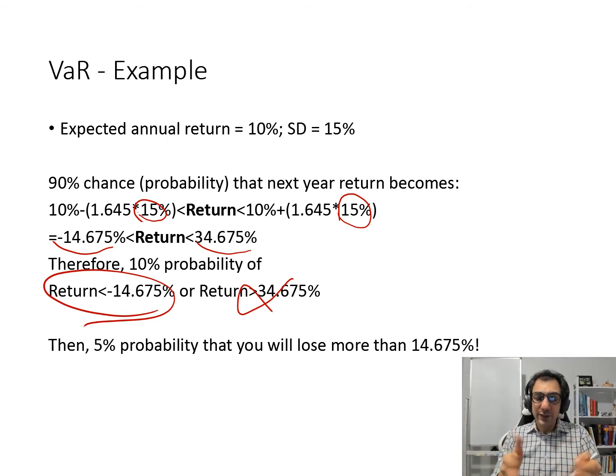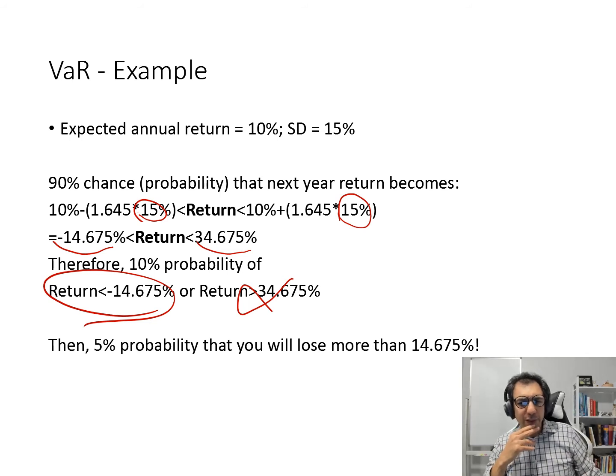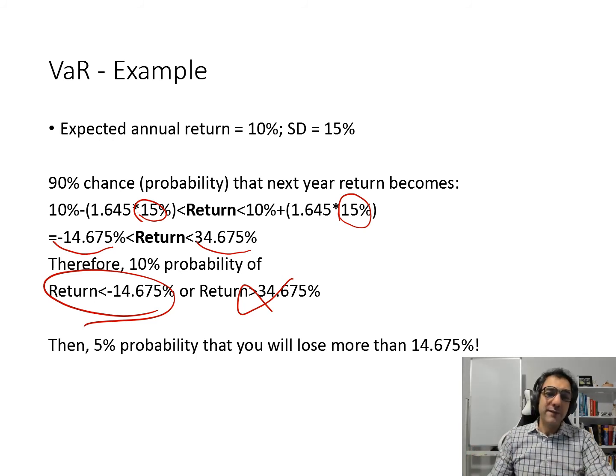That's the type of investment where you can say, oh, 5% probably I will lose more than 14%. Maybe say, that's not huge, so I'm going with that investment. Or maybe for some investors, that's too huge and they want to avoid this kind of stock investment. So again, VAR helps you just to see the worst case scenario and decide whether you want to proceed with this investment or not.